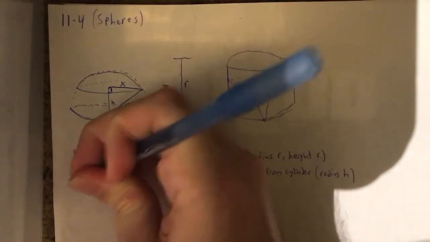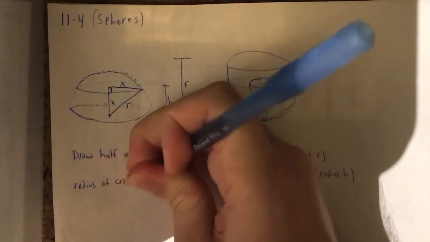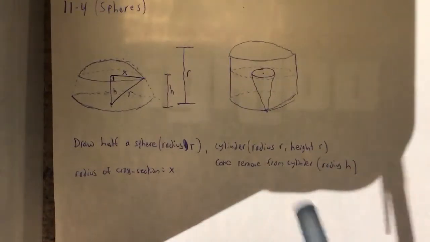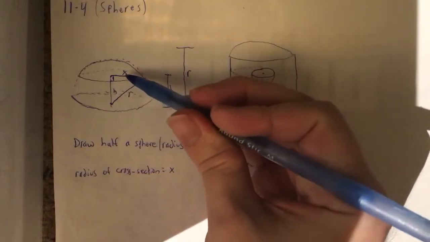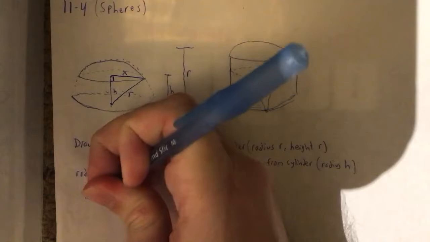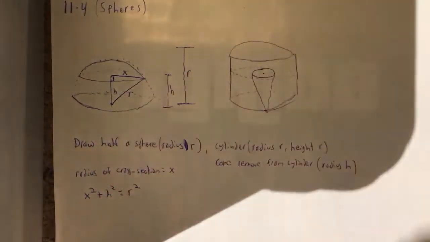So the radius of the cross-section equals x. And since it's a right triangle, I know that the two legs squared equals the hypotenuse squared. So x squared plus h squared equals r squared.